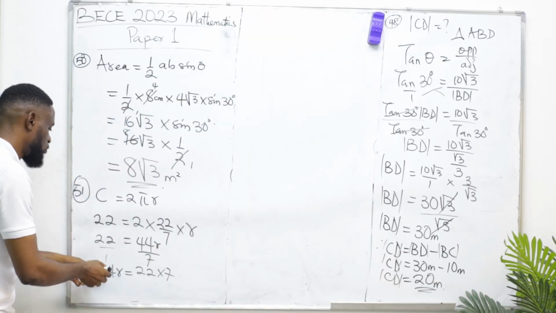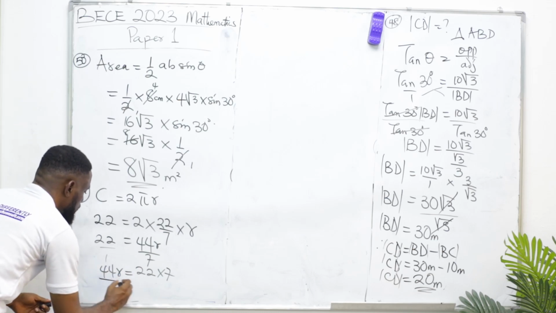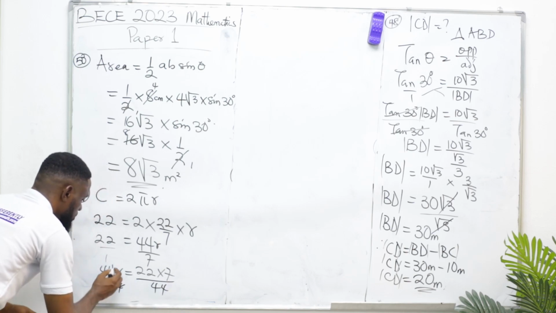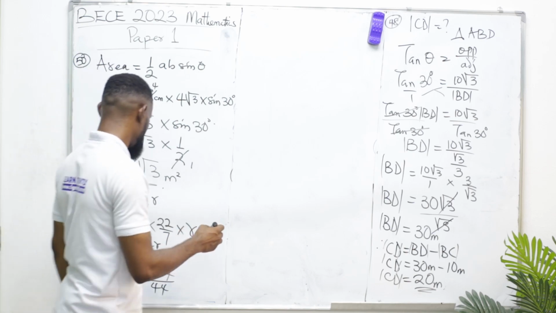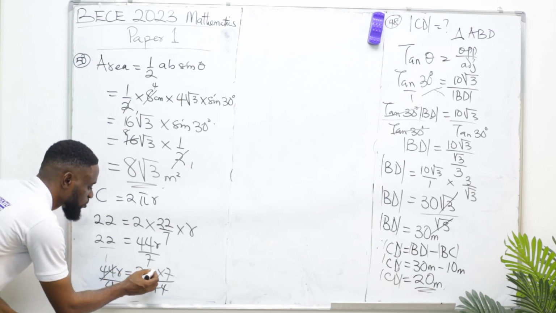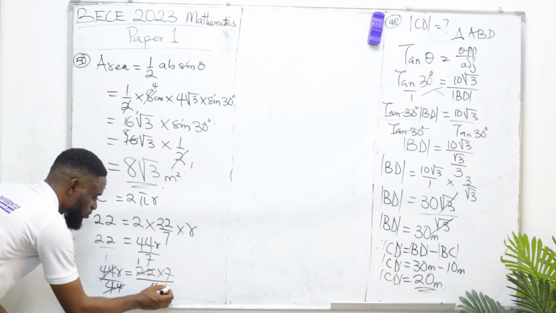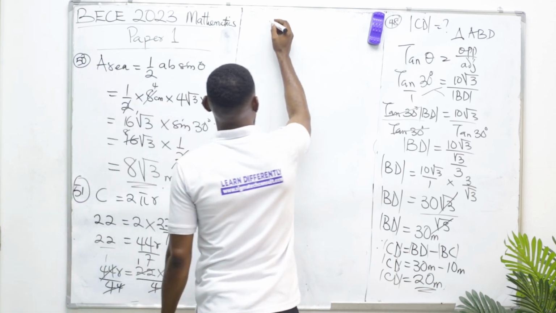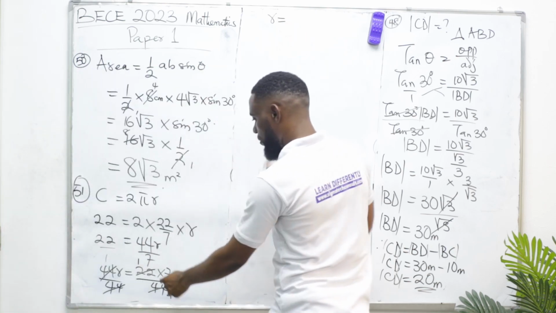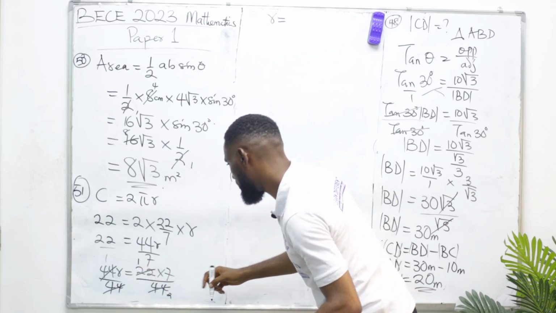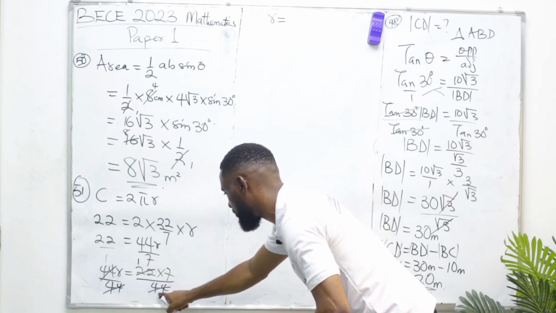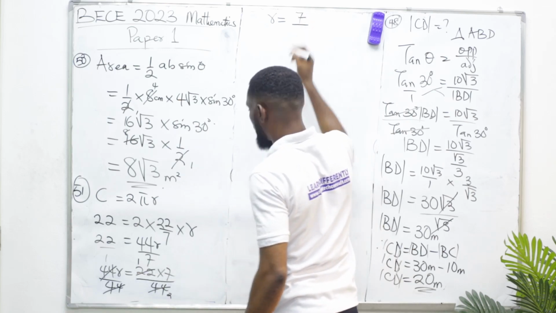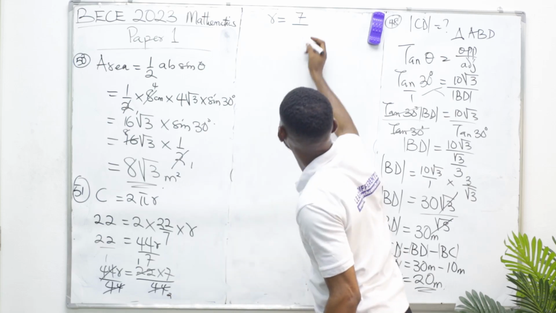To remove 44 from r, we divide both sides by 44, so r is now alone. 22 into itself is 1, 22 into 44 is 2. So we have r equal to 1 times 7, which is 7, all over 2.